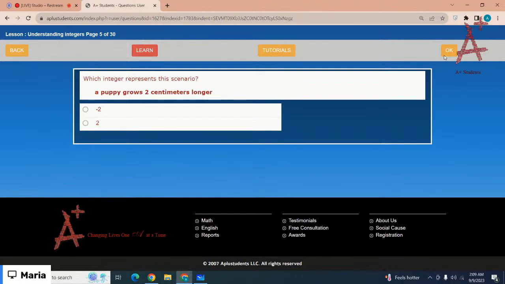A puppy grows 2 centimeters longer. Which is the correct option? Longer is an increase in his height, so increases are always represented by positive numbers. It would be positive 2. The correct option is positive 2.